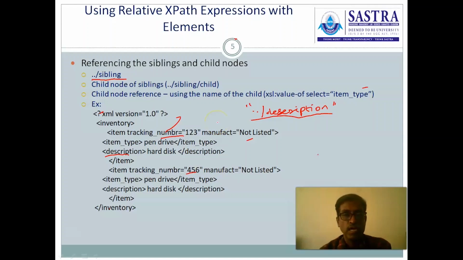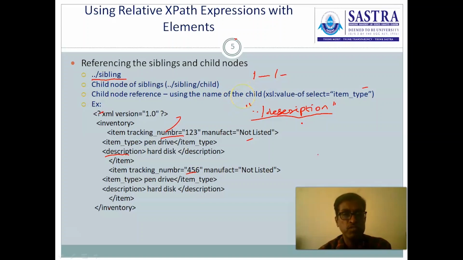How to refer to the child nodes of siblings? From the current context, if you want to refer to the child element, then slash, directly you are able to say child name slash child name and so on. Any level you can refer to any other element.